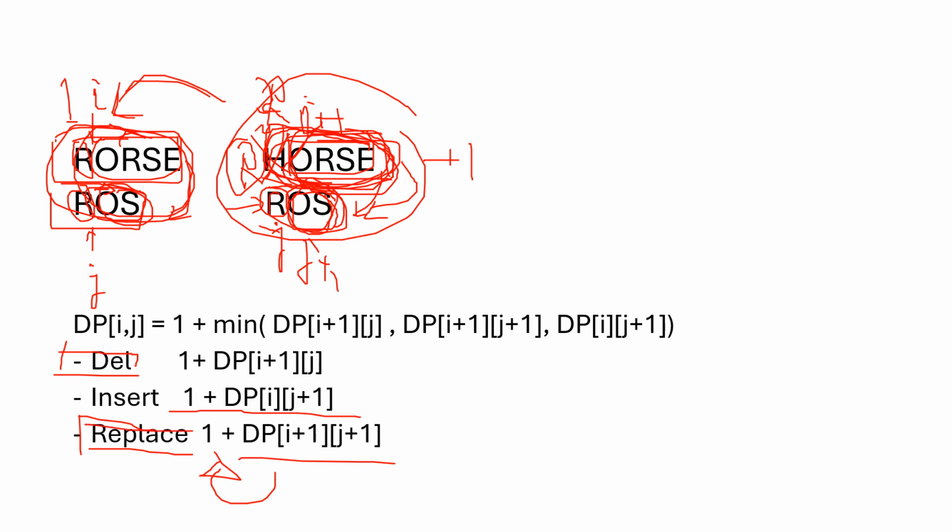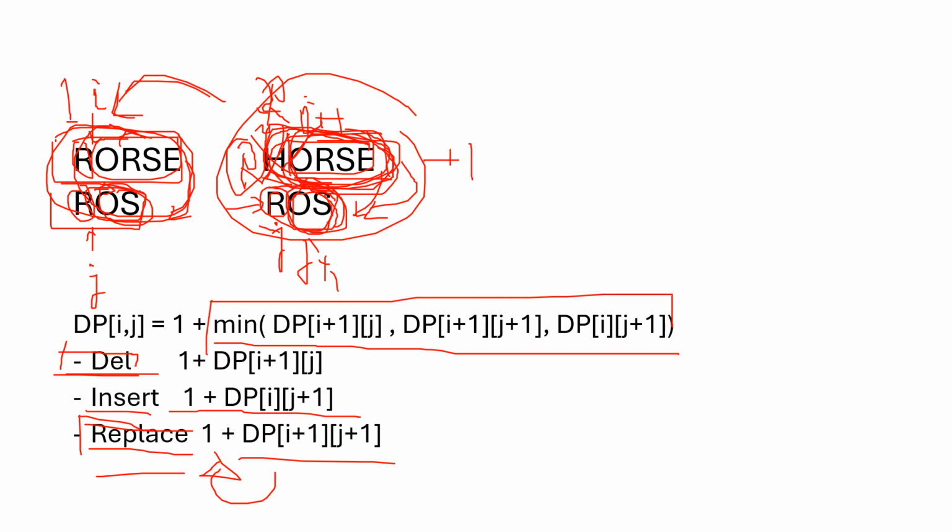So our final goal is to figure out the minimum value from all these three options, and then we pick the minimum and add one, because no matter which one we pick, it always counts as one edit. So even though we managed to find the minimum, we still need to add the one here, and this is actually the way we compose our current solution from the previous subproblem.